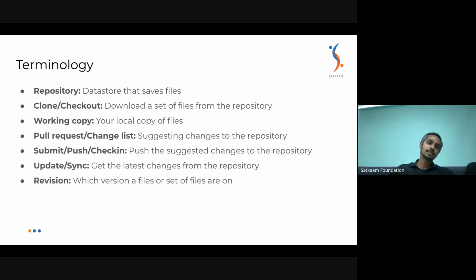Pull request or change list. This is where the rest of the team comes into the picture. Until now, it is all to yourself. You have a repository, you are cloning or checking out a copy of the code, and in your working copy, you are making all your code changes.